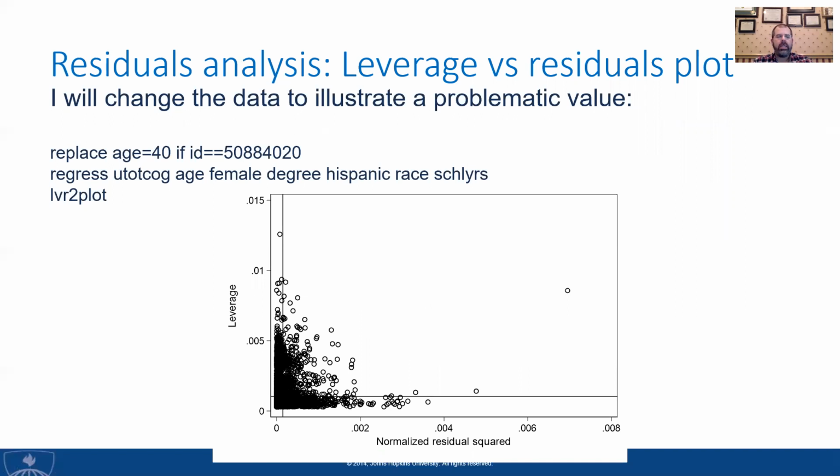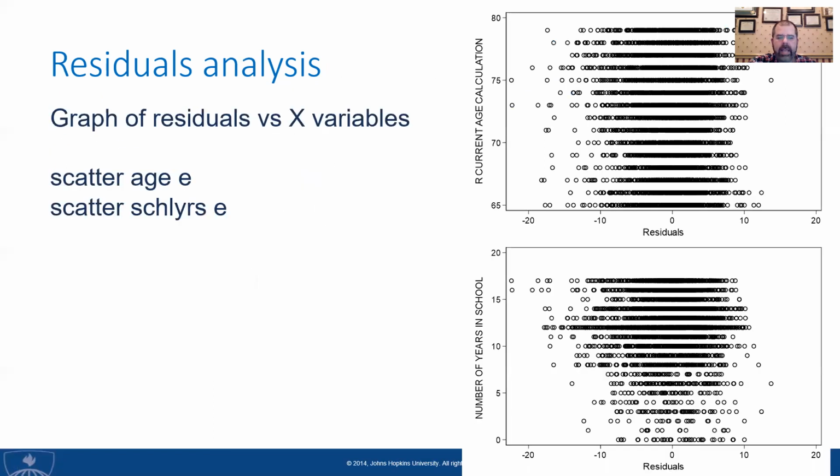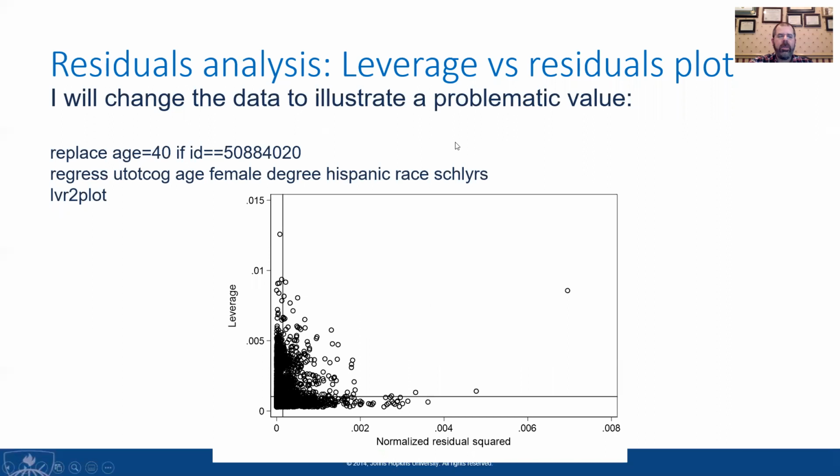Just to illustrate, I'm going to change the data to create a problematic value. As a reminder, as we can see in the graph on the top right-hand corner, the age distribution in this sample ranges from 65 to about 78 years of age.